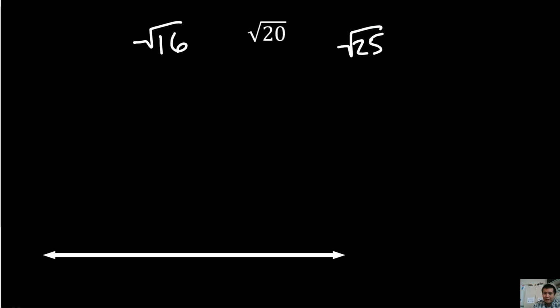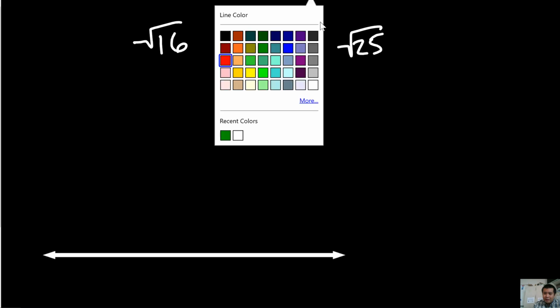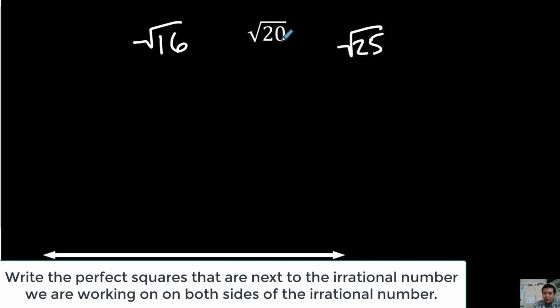We might predict that it's pretty close to the middle between those two, mostly because the difference close to 4 is 4, and the difference here is 5. So we know our answer is going to be between 4 and 5.